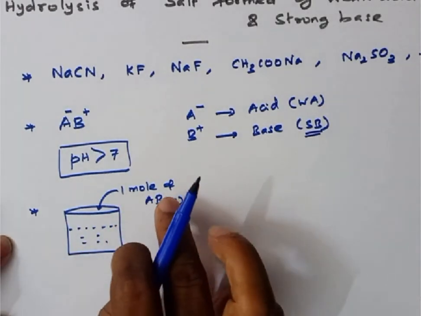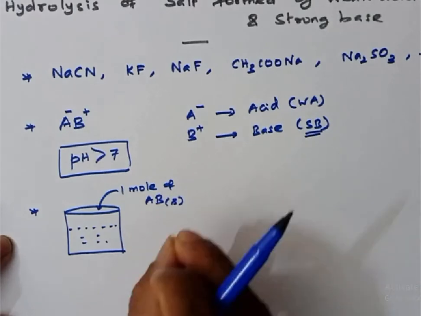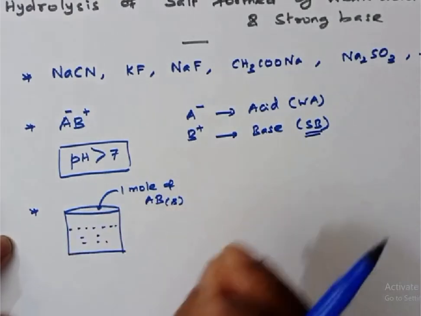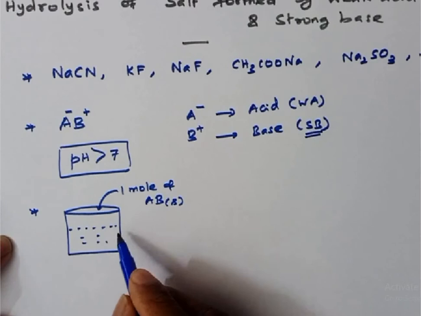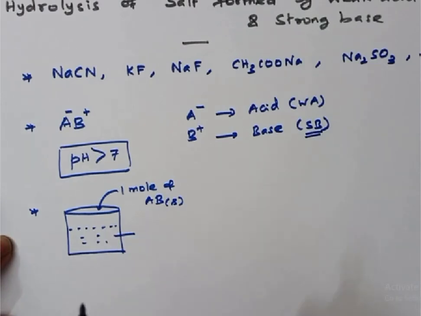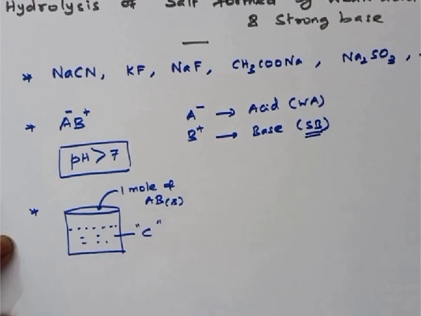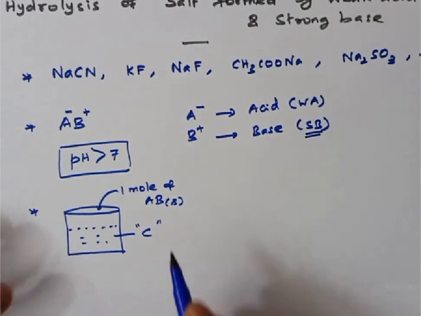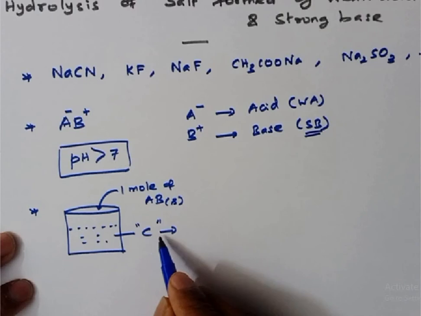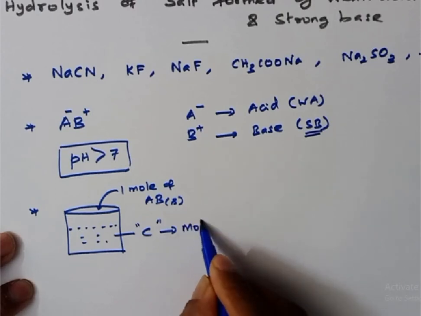Initially, at the beginning, the salt may not undergo any hydrolysis. So at the initial stage, the concentration of the salt in the solution, let it be C. Here C is concentration in molarity.